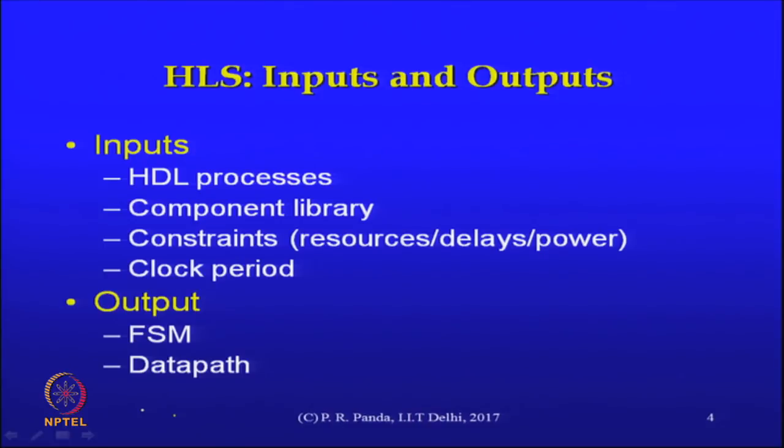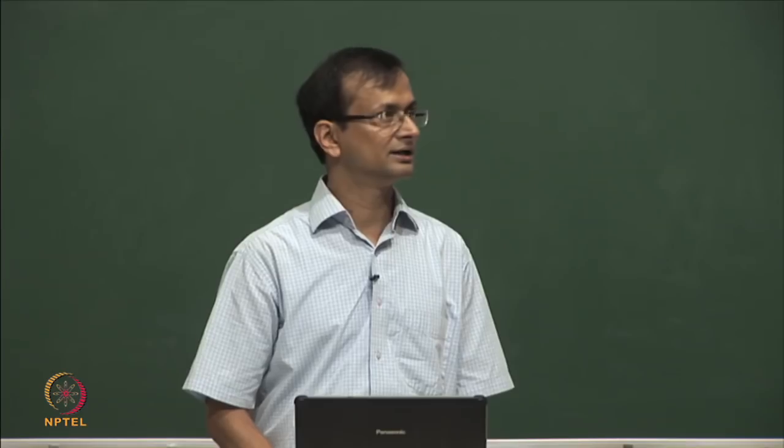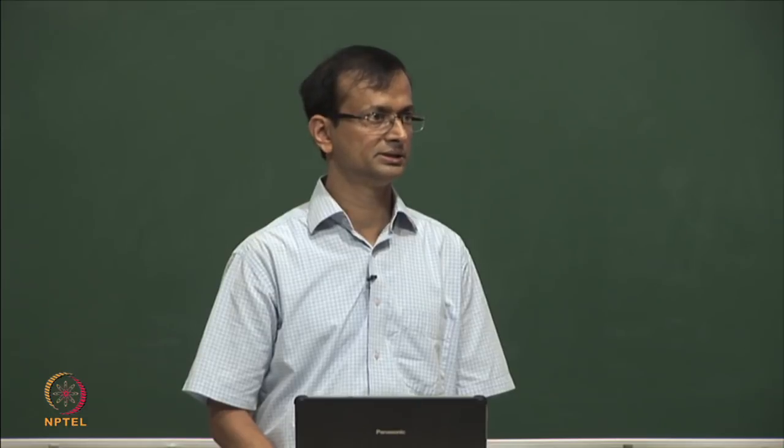They may come from area budgets that you want to impose on the design. They may come from timing requirements, speed requirements of the design, power requirements and so on. These are externally imposed. These are not inferred from the design itself. When you write a VHDL model, it is not clear what the power budget is. So, these constraints are externally imposed and they are also inputs to a synthesis tool.